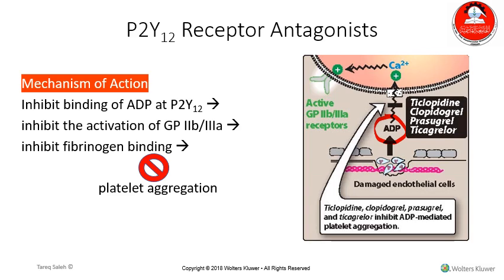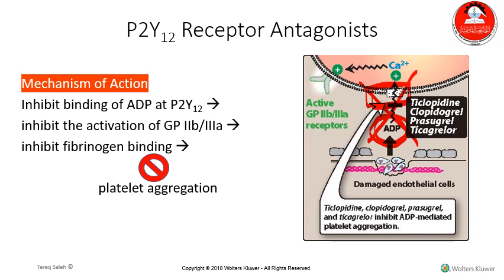So P2Y12 receptor antagonists exert their effects by inhibiting the binding of ADP to the P2Y12 receptor located at the surface of platelets. So P2Y12 is the receptor that binds ADP on the platelet surface. These drugs, such as ticlopidine, clopidogrel, etc., block or interfere with ADP binding to the platelets.